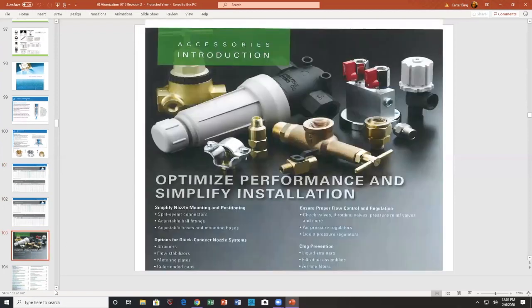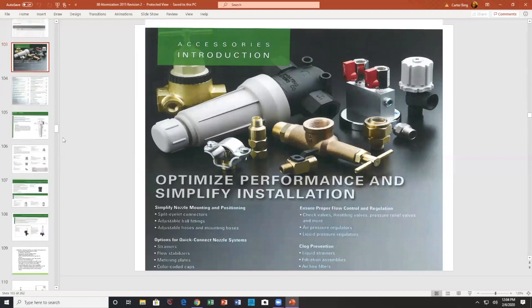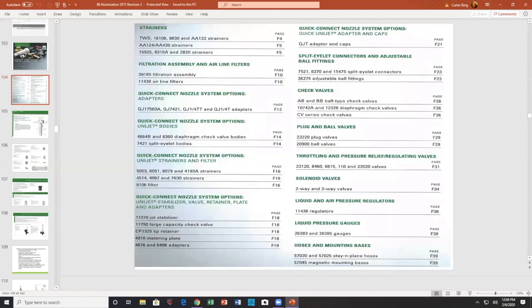Anyway, accessories. Go down here and see what sort of accessories we have with our nozzles. Strainers, of course, filtration, of course. You may have to have a line for air blast, air assist nozzles or gas liquid nozzles. You would have to filter the air as well as the liquid.